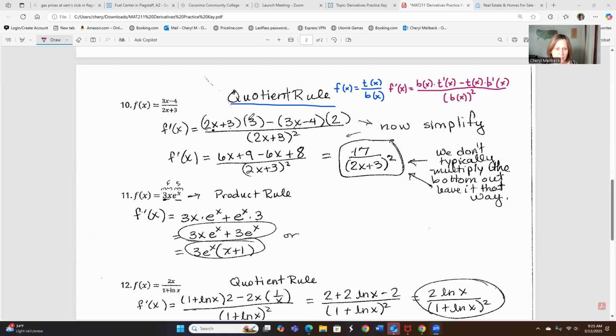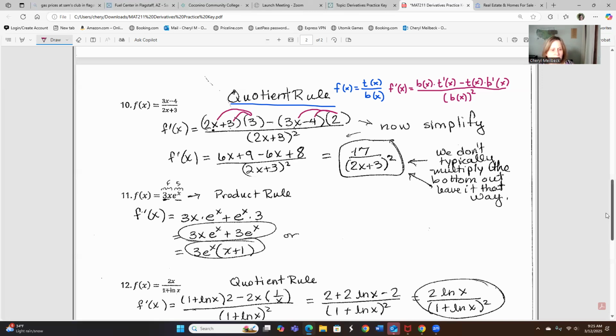When we distribute this out, we get 3 times 2x is 6x, 3 times 3 is 9, 2 times 3x is going to give us a negative 6x, and 2 times a negative 4 is a negative 8, but because it's being subtracted, it's a positive 8. Then my negative 6x and my positive 6x cancel, leaving us with our simplified answer, 17 over 2x plus 3 squared. Now, we typically don't multiply the bottom out. We leave it as 2x plus 3 squared.